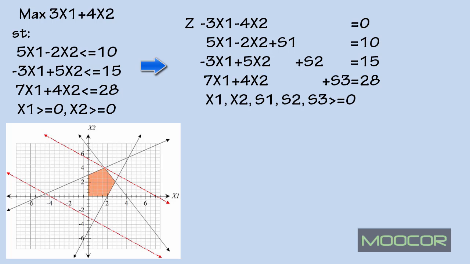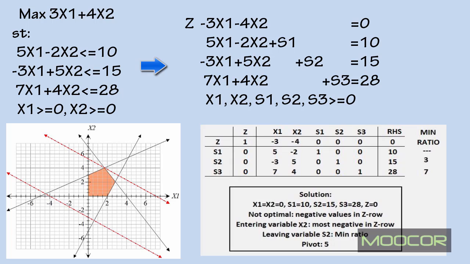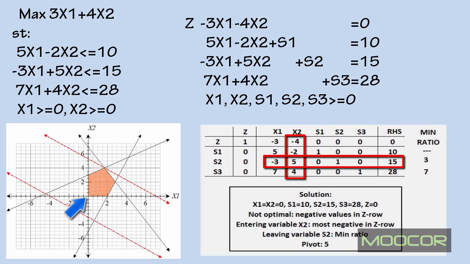If we do regular simplex, we would write the problem in standard form. We will identify our basic and non-basic variables. We will start our starting extreme point, and we will perform iterations of the simplex tableau.